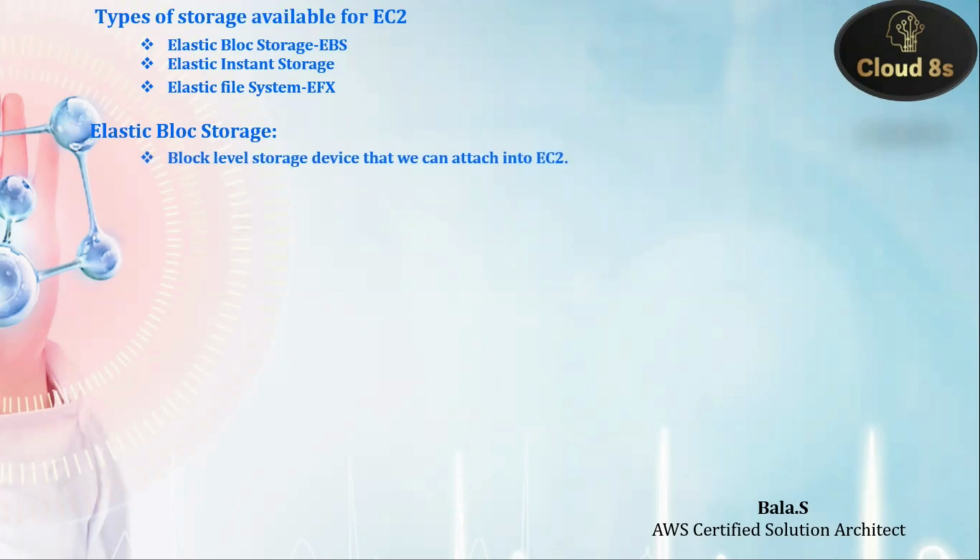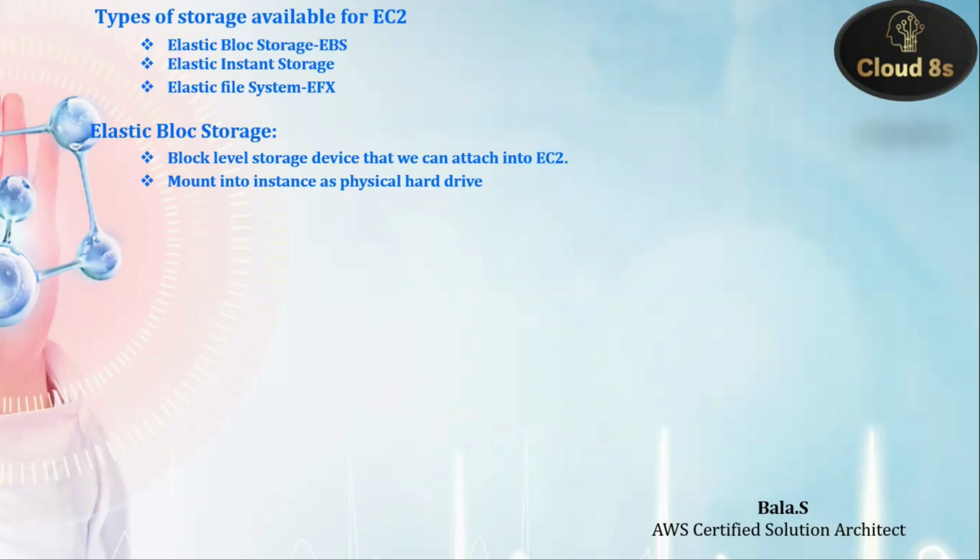So Elastic Block Storage is nothing but a block-level storage device. We can attach it to the EC2 instance level as a volume. When we attach it to the instance, it's similar to a physical hard drive. Basically, if we have a laptop, we have a hard drive, and we can create multiple volumes inside that operating system level based on our capacity.